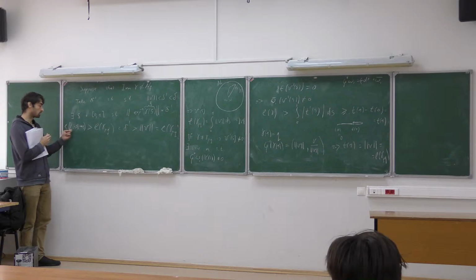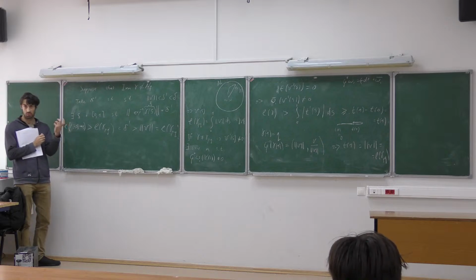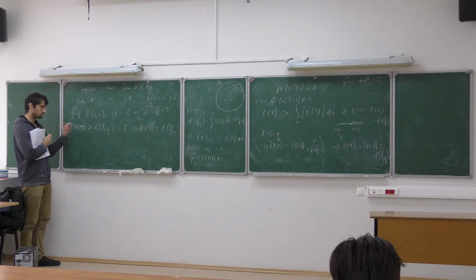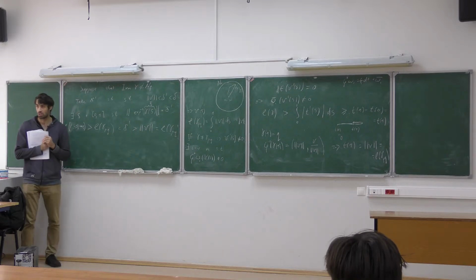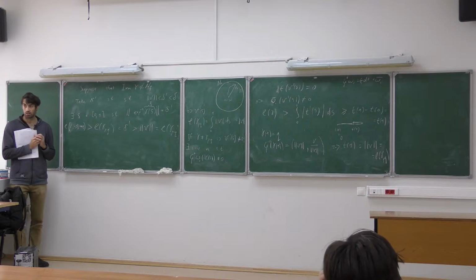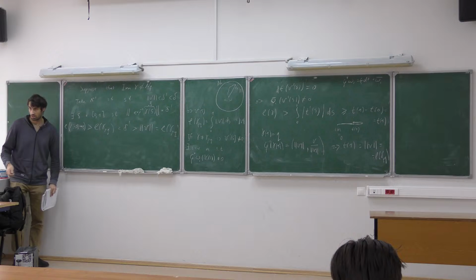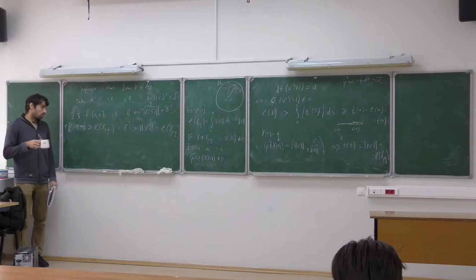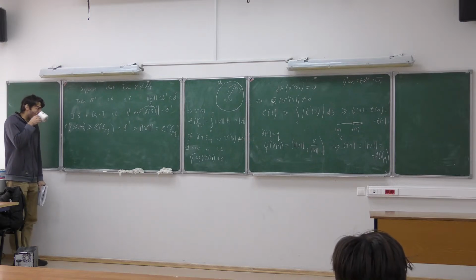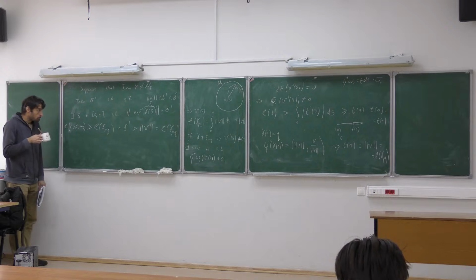Well, because the length of a piece of the curve is, of course, greater than the length of the whole. Why didn't we need to say that the ball is open? Because if the ball is closed, we could just take delta prime the same as delta. Yes, I guess you can consider the closed one.